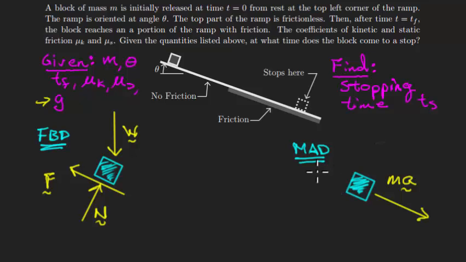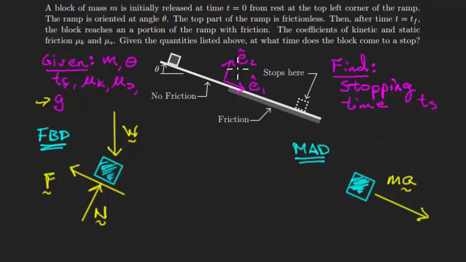So in this particular case, I'm going to choose components that are aligned with the ramp. So in particular, I'm going to choose a vector that way and a vector that way. So this one is tangent to the ramp. This one's perpendicular to the ramp. The one that's tangent to the ramp, I'm going to call direction e hat 1. The direction perpendicular to the ramp, I'm going to call e hat 2.